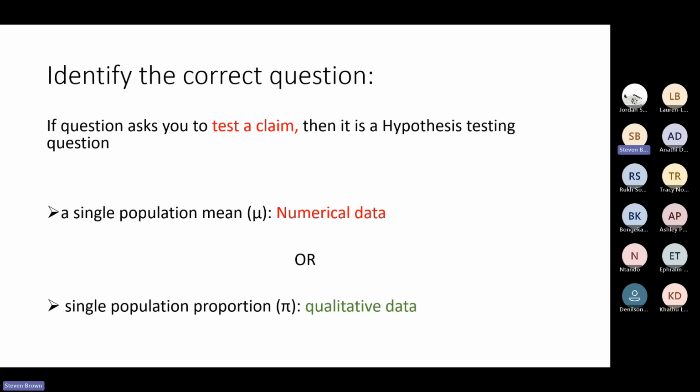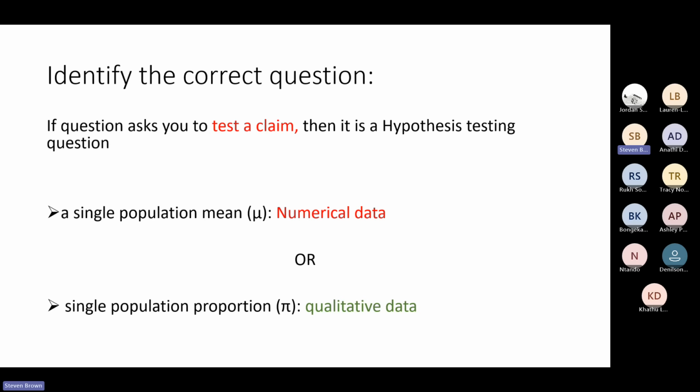So I go out and randomly sample people who have bought my tires, and I get the average that they've got, the actual against my claim. Then I put it through exactly what we're going to do now, and it'll come out either yes or no. Either I accept the null, which is yes, my claim is true, or I reject the null, and then my claim isn't true. That's basically what hypothesis testing is.